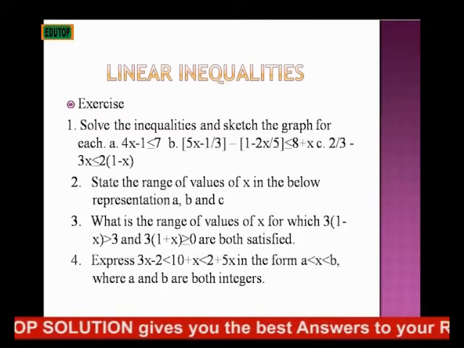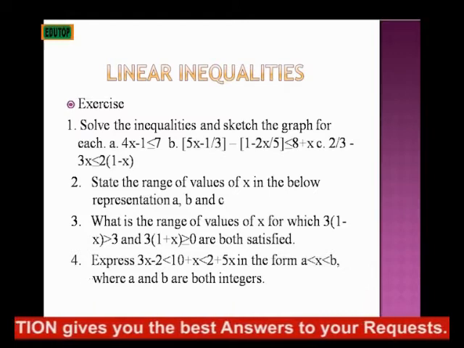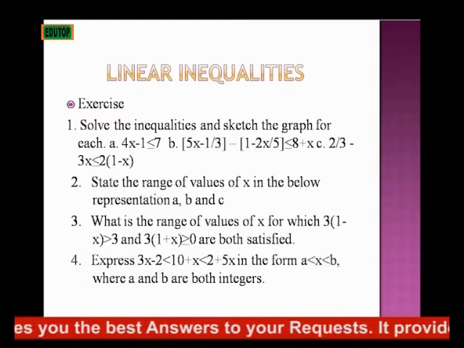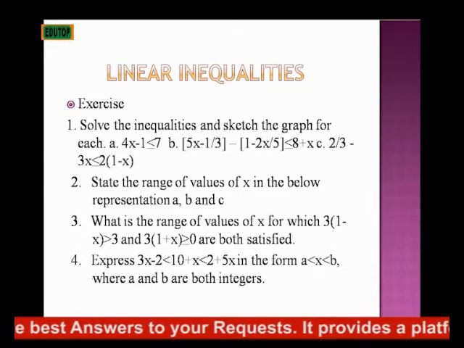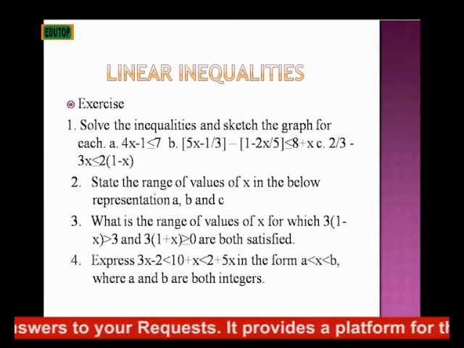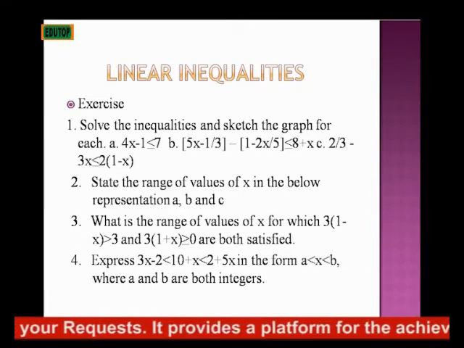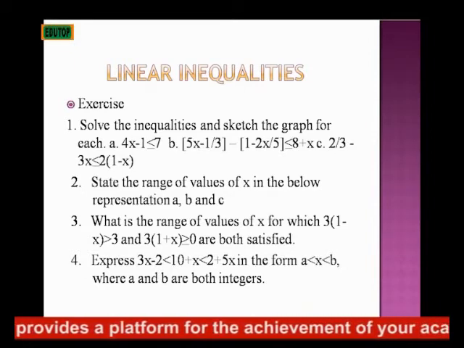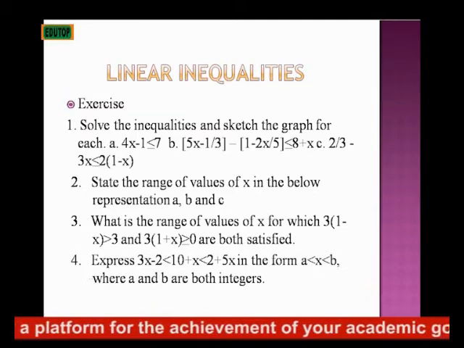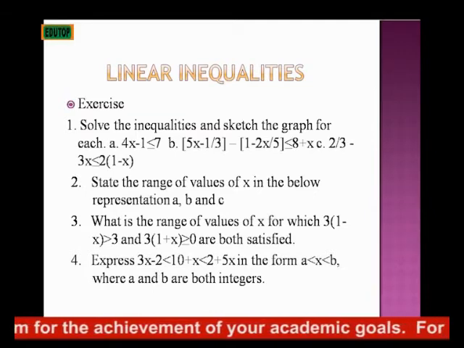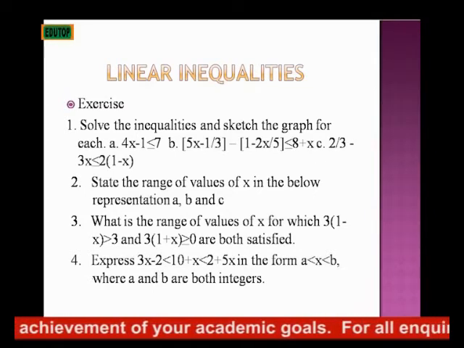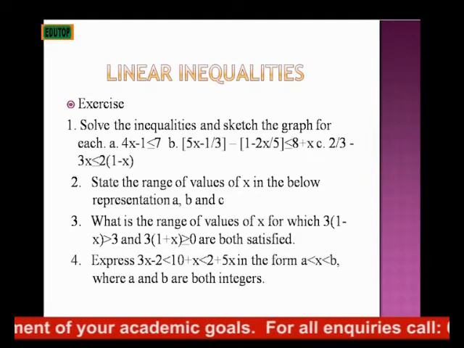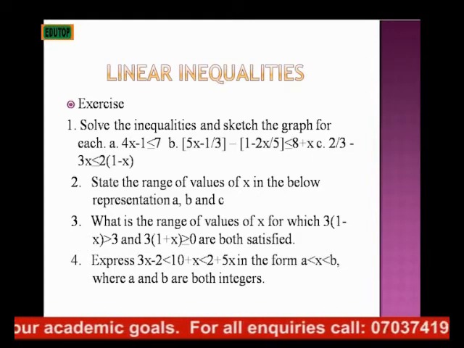And in C, we have (2 over 3) minus 3x, which is less than or equals to 2 into (1 minus x).